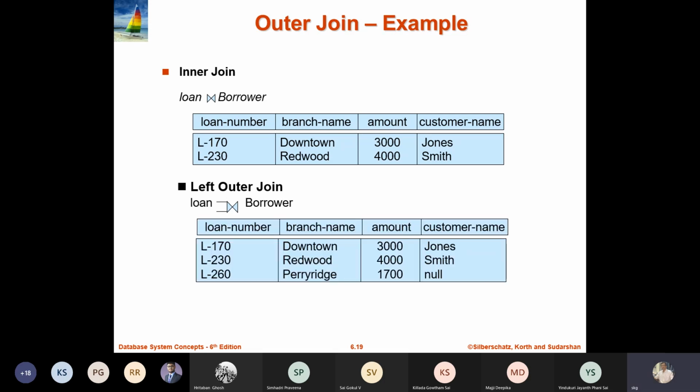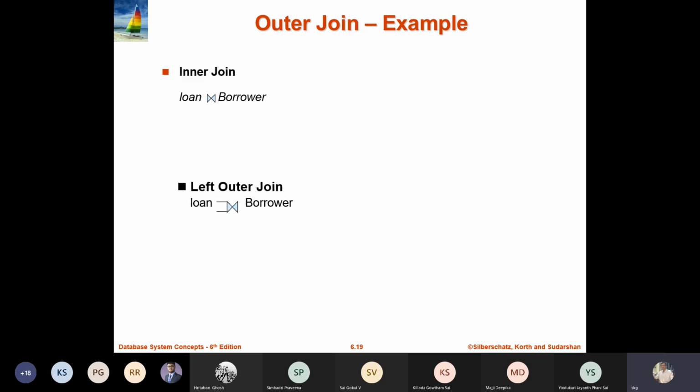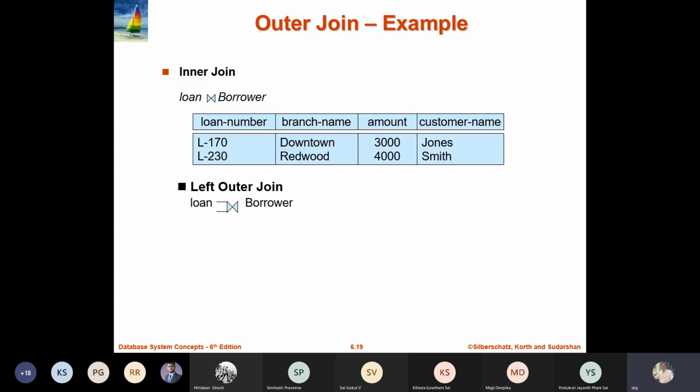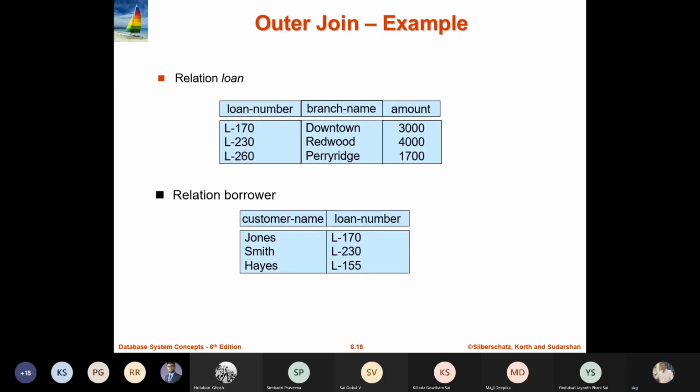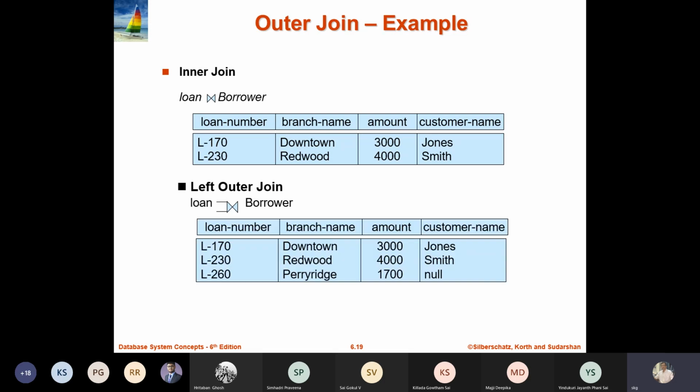In the left outer join, we consider all the tuples of the loan relation and join with the borrower relation, and whichever is not present, like L260, which is there in loan, is kept. Whereas L155 is in borrower but we are not considering it here. For L260 there is no customer with that loan, so it is kept as null. That means we are keeping all the tuples from the loan relation, right?